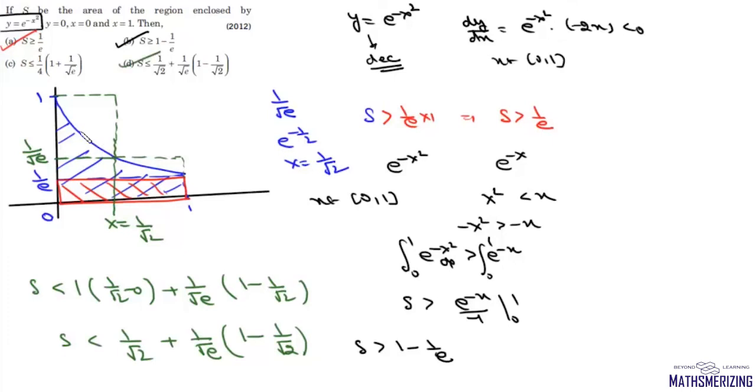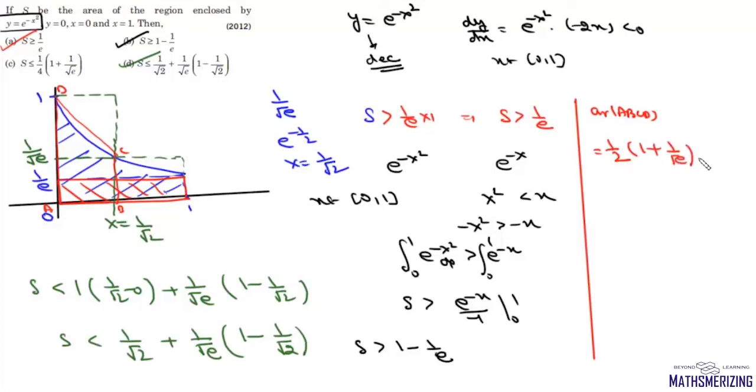Now for this third option, what we'll do is, we'll consider area of this trapezium ABCD. Now area of trapezium ABCD will be 1 by 2 and then A plus B. Now A plus B is 1 plus 1 upon under root e into this height, which is 1 by root 2.